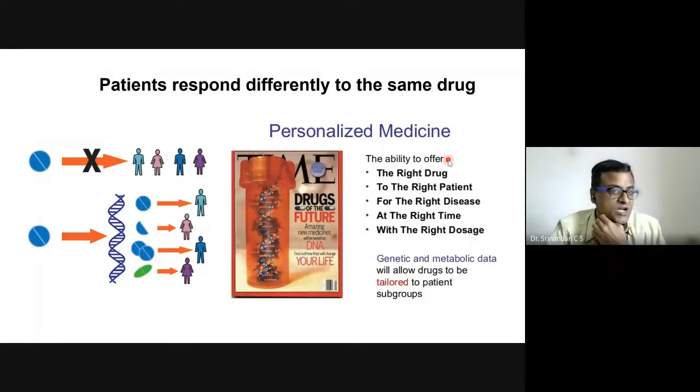Can we now do personalized medicine? For example, earlier what we saw was one drug given to everyone. Like, if you use paracetamol when you get fever or pain or inflammation, paracetamol is used by all.